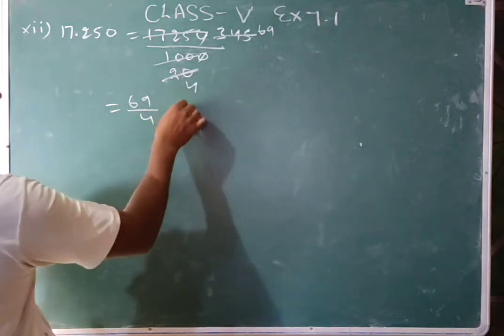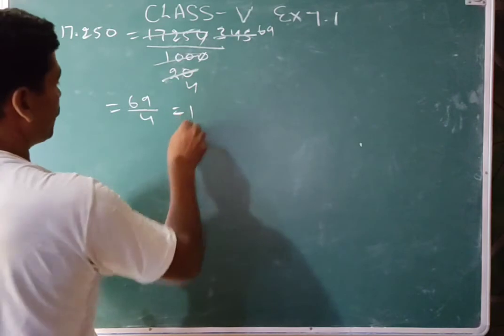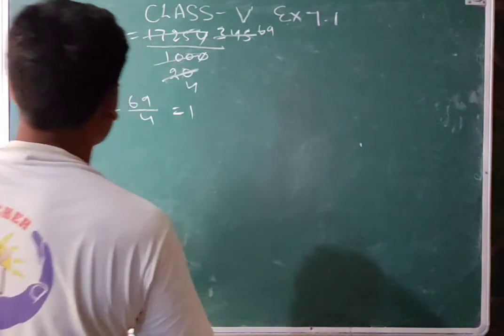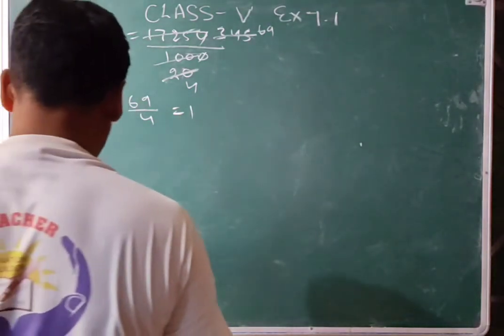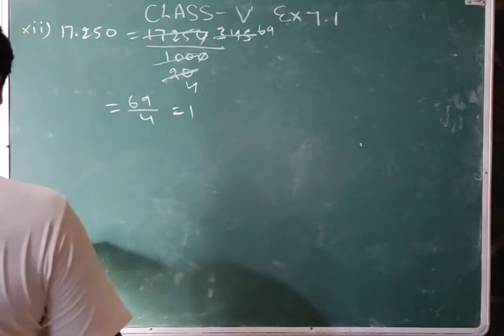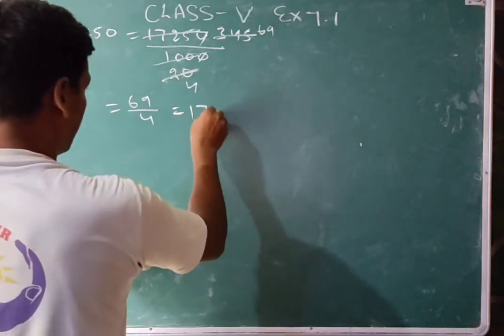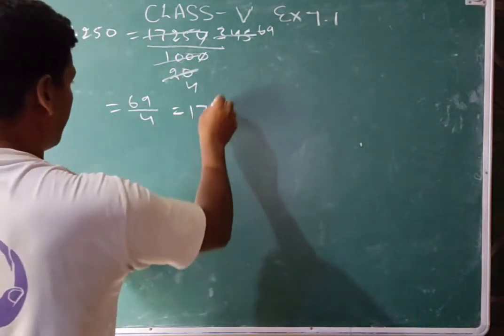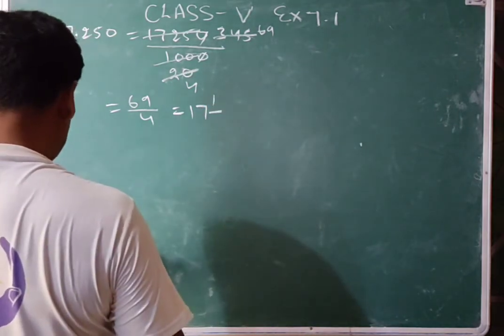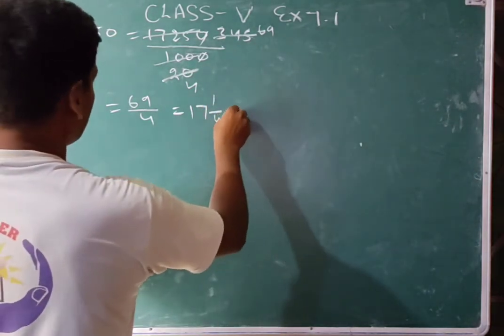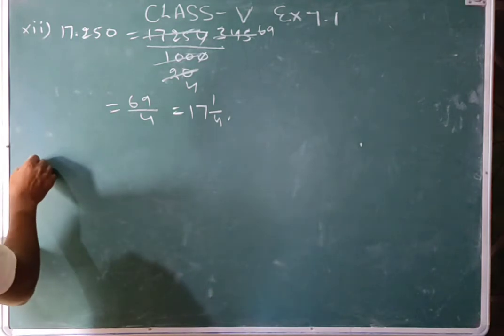That will become 4 1s are 4, and then 4 7s are 28, and then 1 will be left by division, that is 4 1 upon 4. Answer. This is the 12th part.